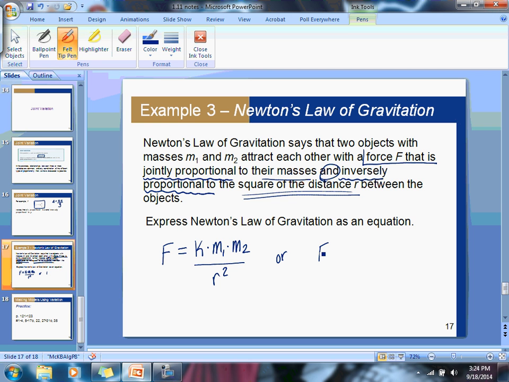So you might see it written like this. F equals k times, and then m1 times m2 all over the r squared. So they take that constant and they pull it out from that fraction and make it a single term out front. Okay, I like to think of it as this first formula where it's all one big fraction, because that's just easier for me to mentally grasp.